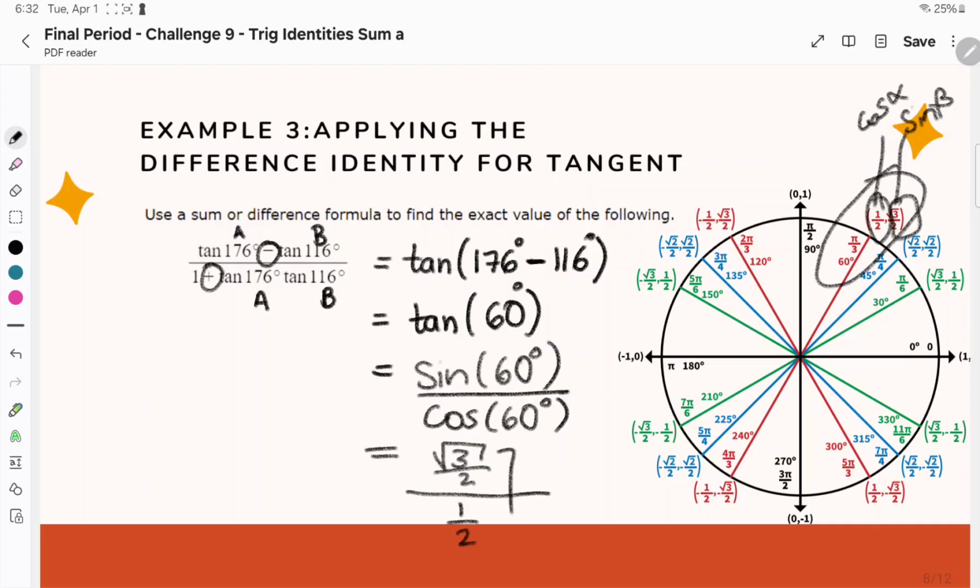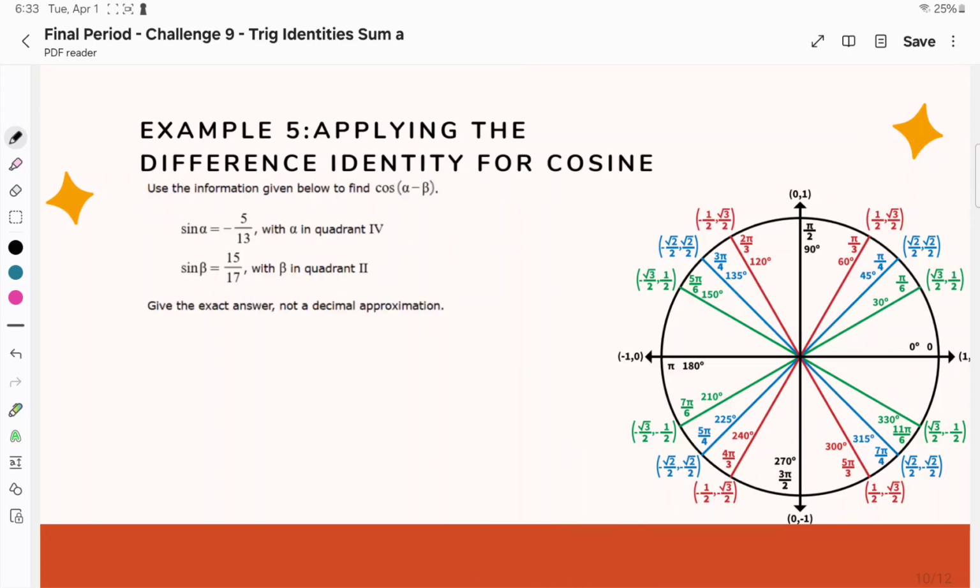I'm going to do the sandwich method. 2 square root of 3 over 2 times 1 is 2. I can cancel this out and I'm going to get square root of 3. And that's it. Easy. It's a gift.